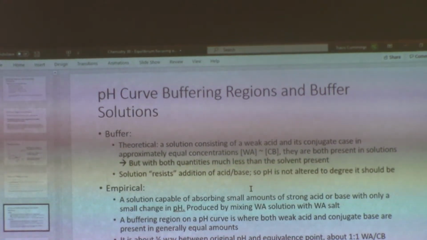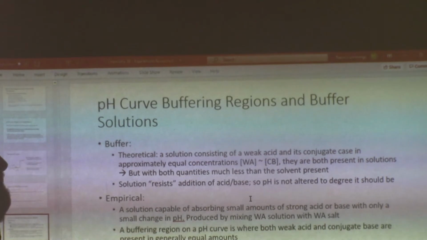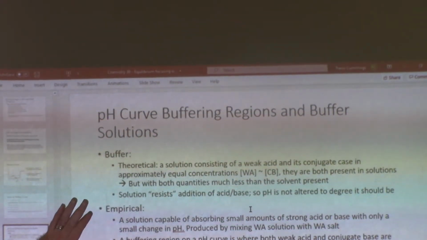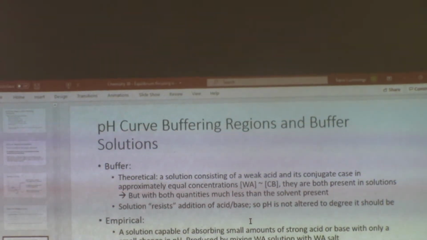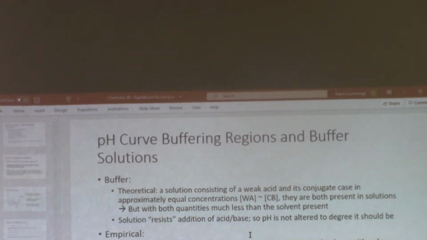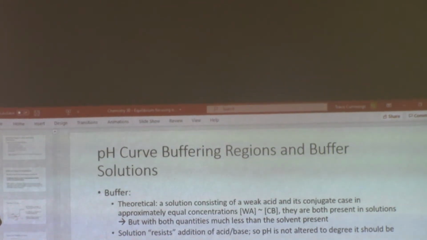Buffers resist pH change, so they resist equilibrium shifts. From an empirical, observational perspective, a buffer is a solution that's capable of absorbing small amounts of strong acid or strong base with only a small change in pH. That's a buffering system.